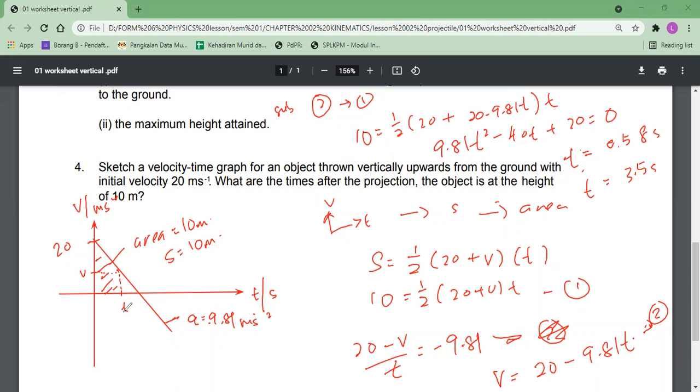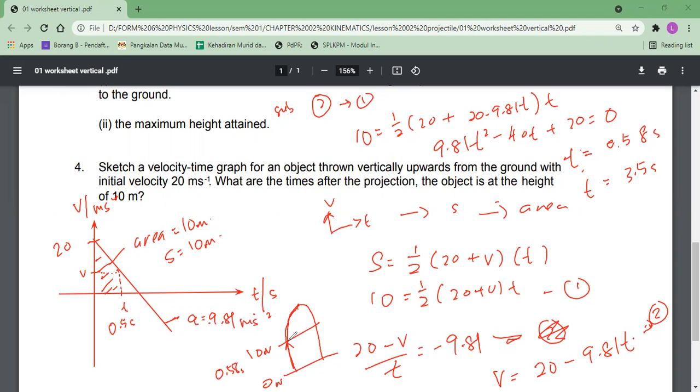That means this will be 0.5 seconds because the object we throw upward, right? Let's say this is 0 meters. When it reaches 10 meters going up, the first time will be 0.5 seconds.